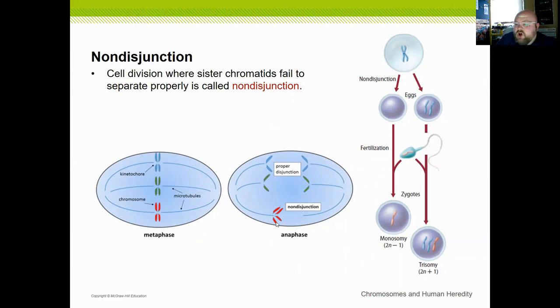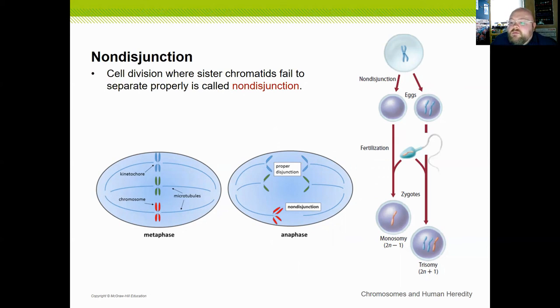When it passes on these gametes to the offspring, it's only supposed to pass on one individual sister chromatid, but it passes on multiple. So when this joins up with the other individual's gamete to start producing an offspring, there are going to be too many chromatids, too many chromosomes.